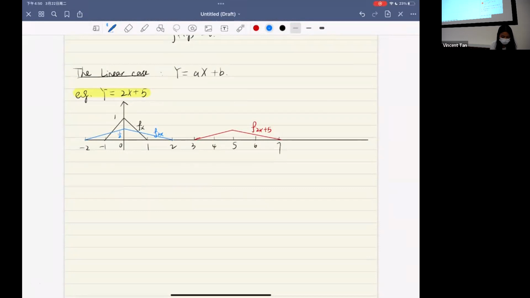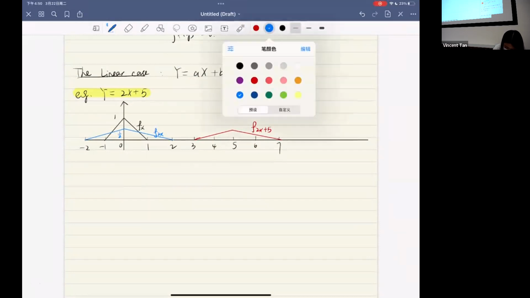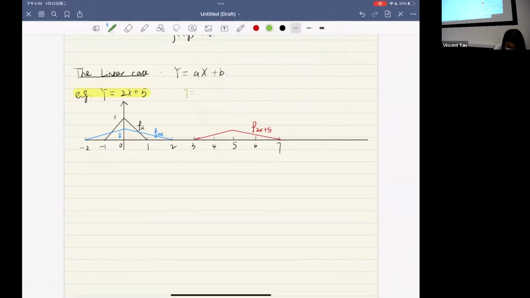This is an example when a is a positive value. So when a is a negative value, for example, y is equal to -2x plus 5. When we want to find out the PDF of -2x, we just first flip this PDF of x, and then we expand it by 2 times.